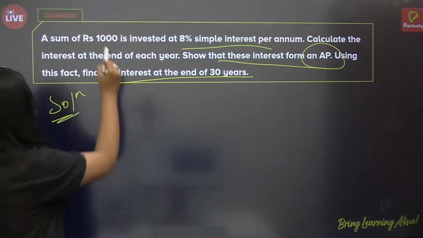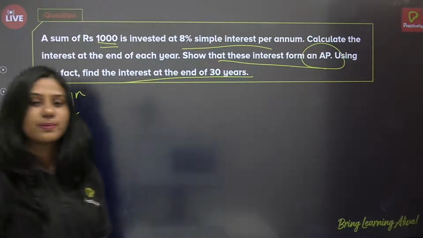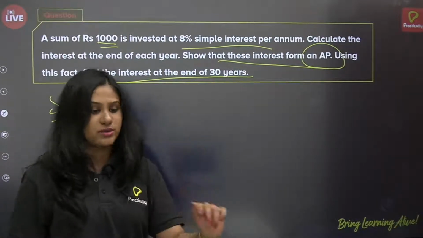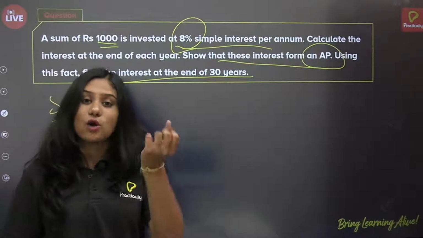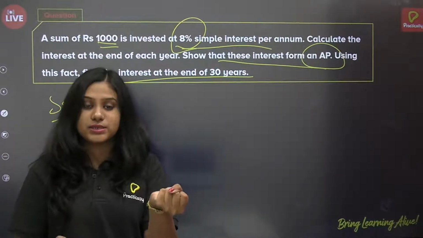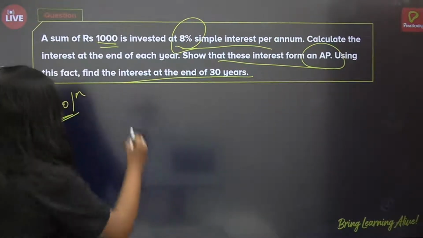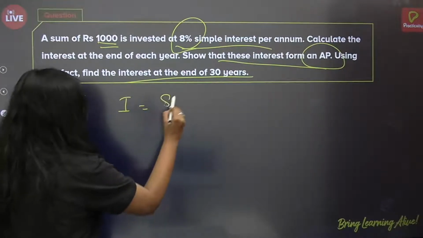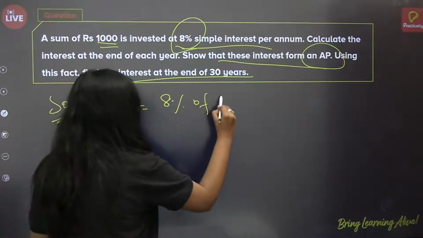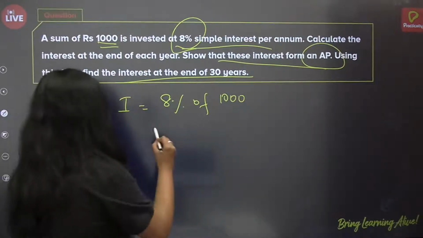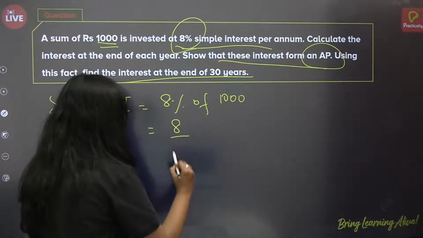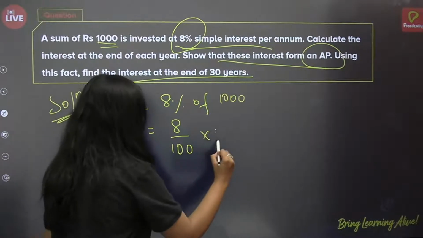A sum of rupees 1000 is invested. On that, there is 8% simple interest. On 1000 rupees, if it is 8% simple interest, what will be the interest? Interest will be equal to 8% of 1000. And what is 8% of 1000? 8 by 100 into 1000.